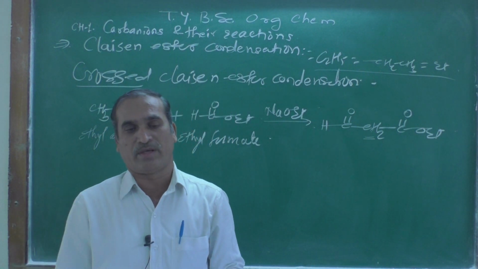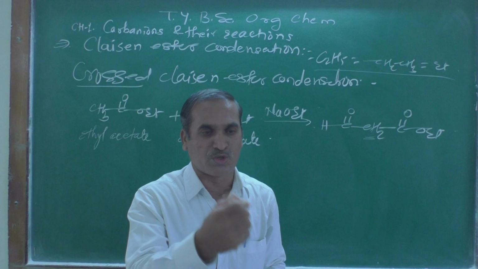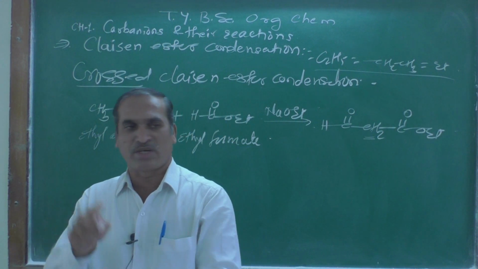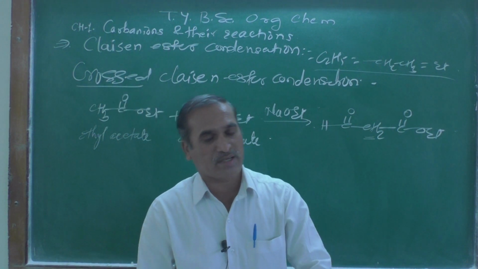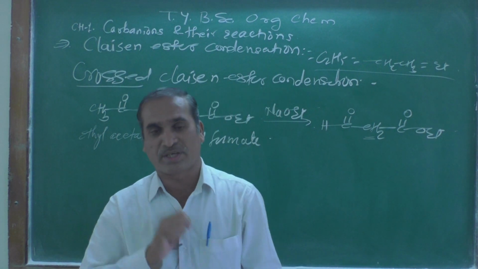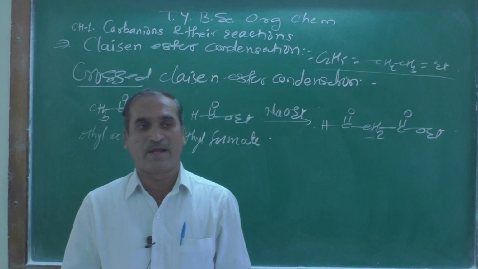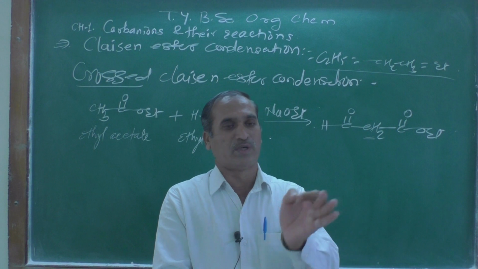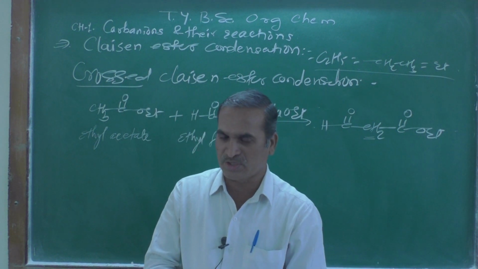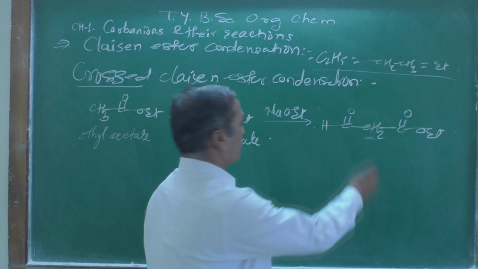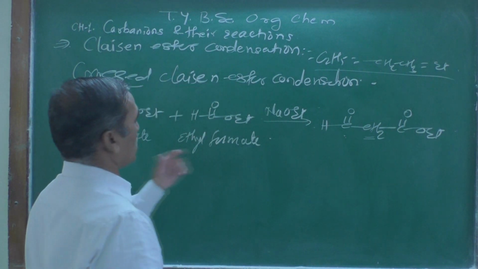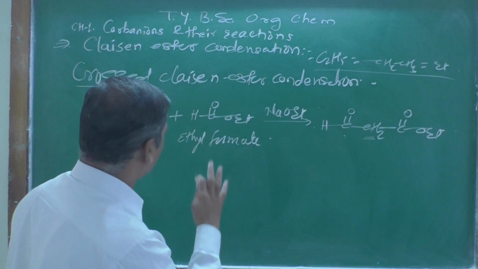Whenever we use a base, a carbanion is generated, and that carbanion can be further treated with an alkyl halide, resulting in a substitution reaction. So this is called the crossed Claisen ester condensation reaction.